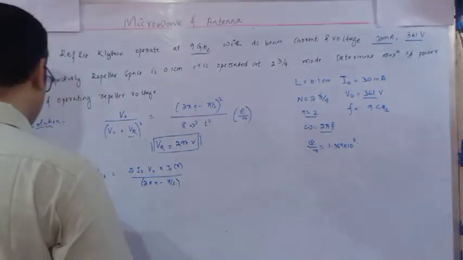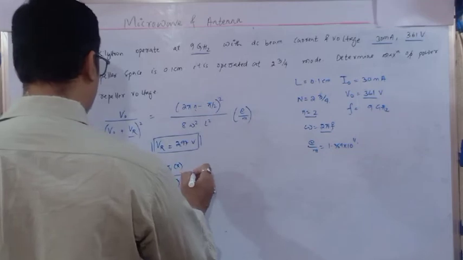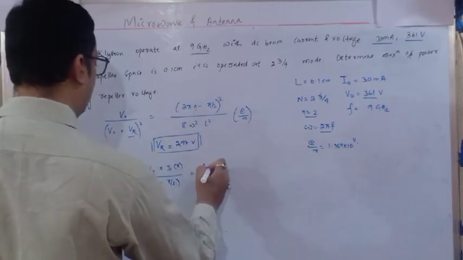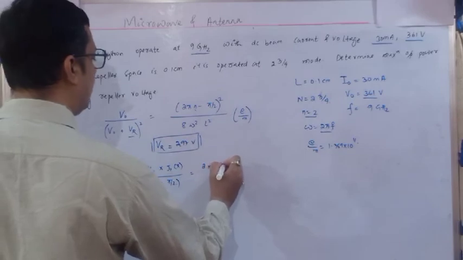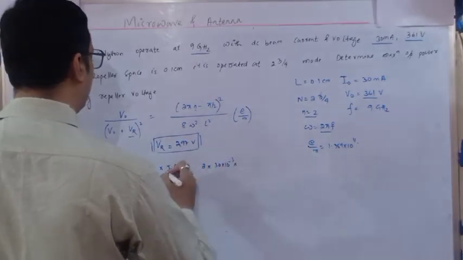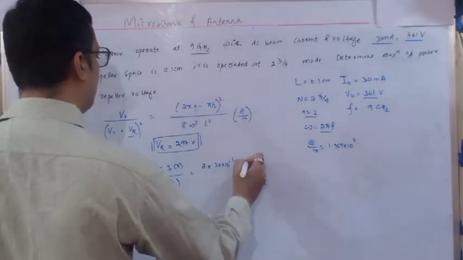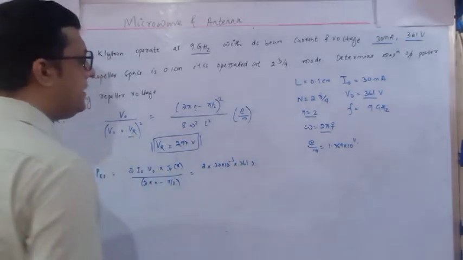If I substitute each and every value, 2 I naught is how much? 30 milliampere. V naught is 361.